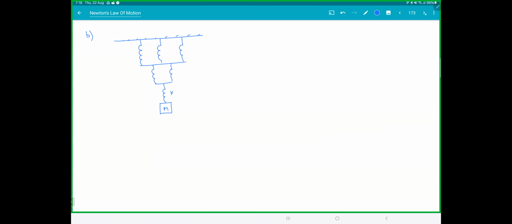So we have 6 springs like this: K, K, 2K, 2K, 3K, 3K, and 3K. Initially, all are in natural length. So when released slowly, means you're holding the block and slowly leaving it.